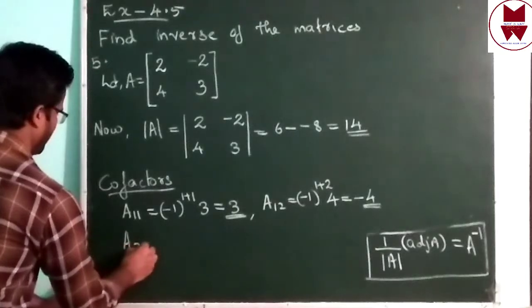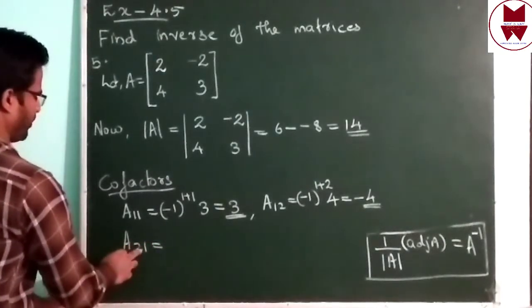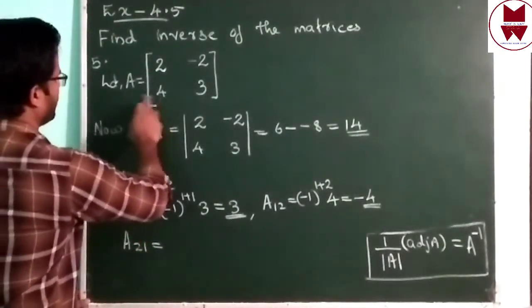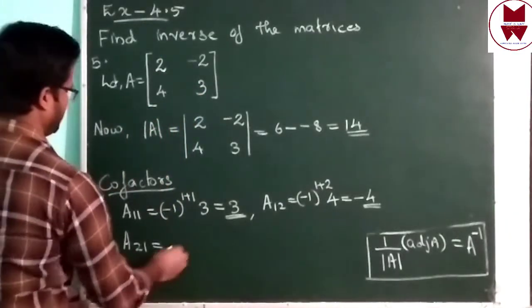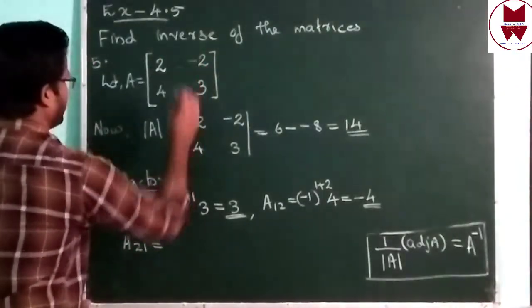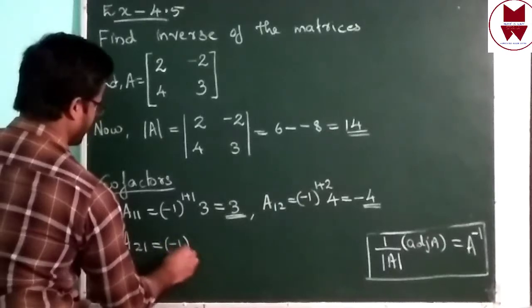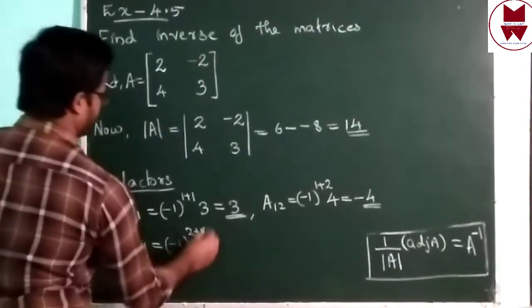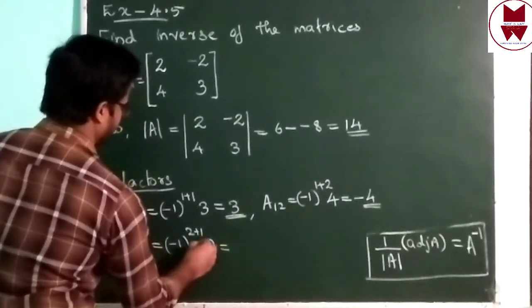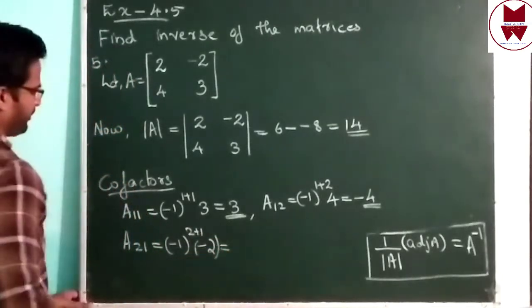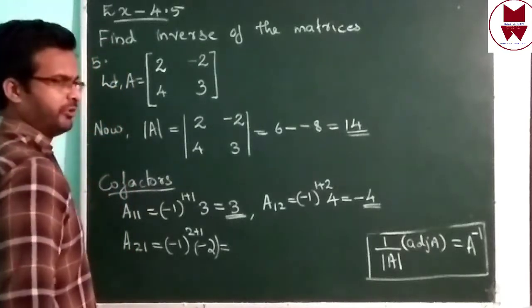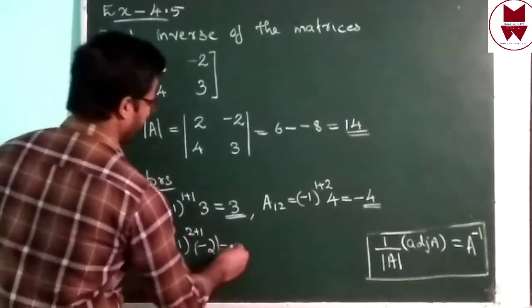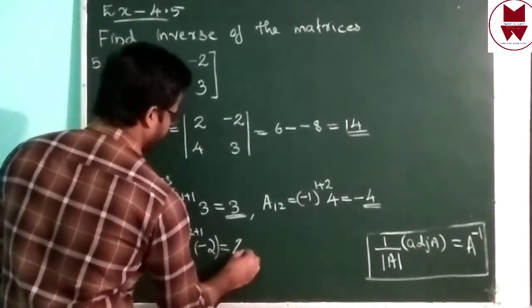Next, A21, second row and first column. Delete that one, remaining minus 2. Minus 1 all raised to 2 plus 1, then remaining minus 2. Minus 1 all cube is minus 1, minus 1 into minus 2 will get plus 2.